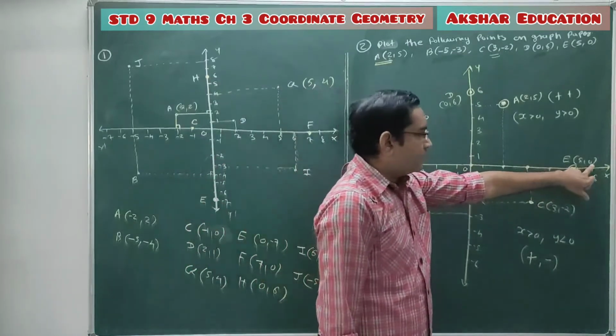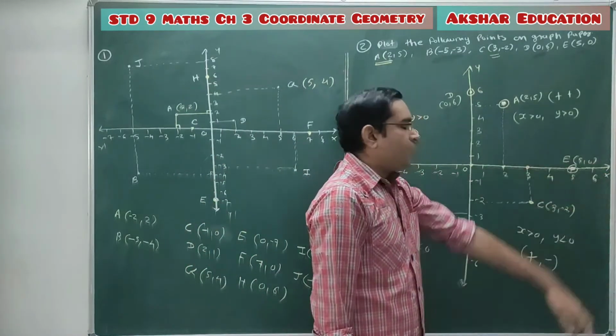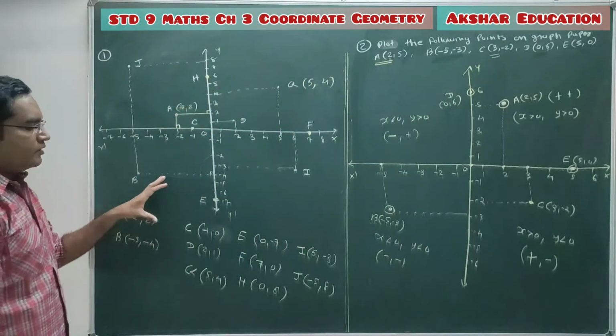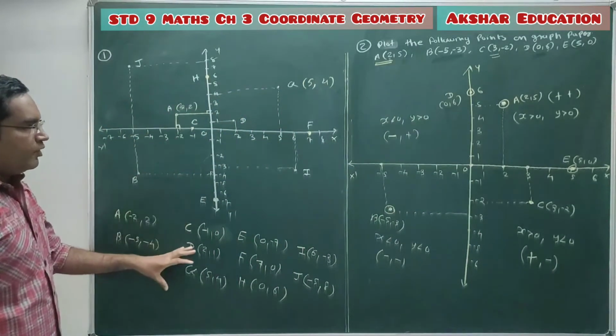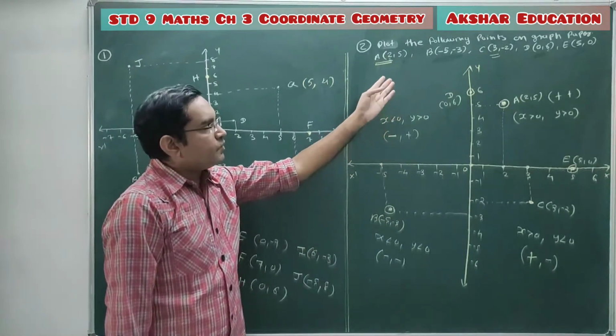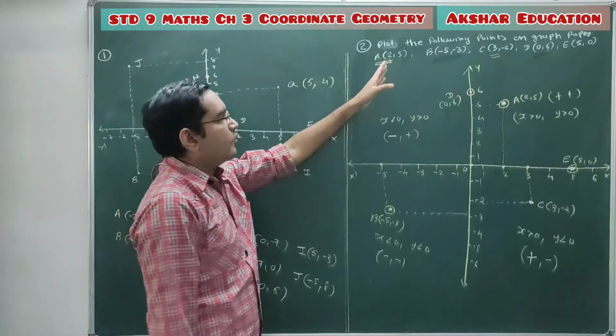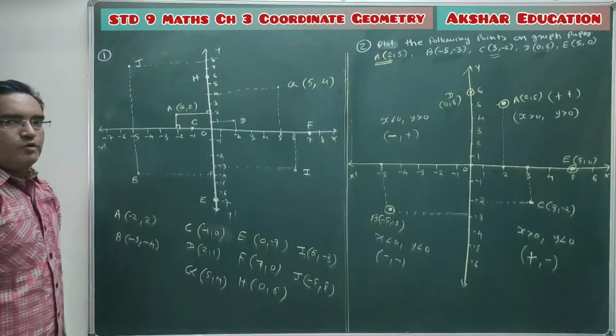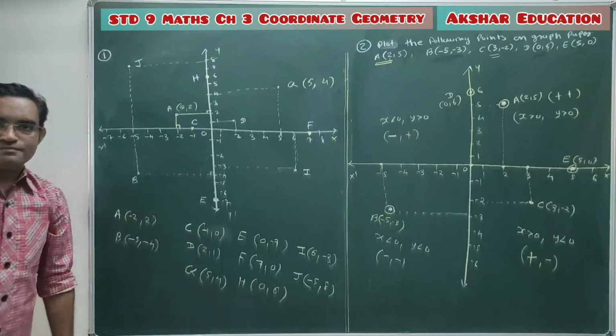This point lies on the x axis and that's why its y coordinate is 0. Done? So this is how you can find the location or coordinates of given points, or plot the given coordinate points on a plane. Pause the video to note it down.